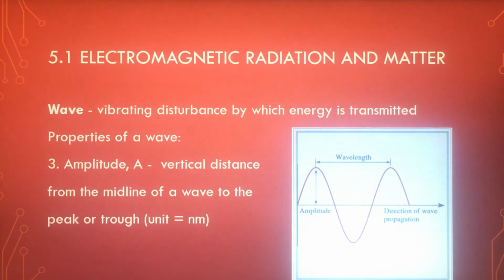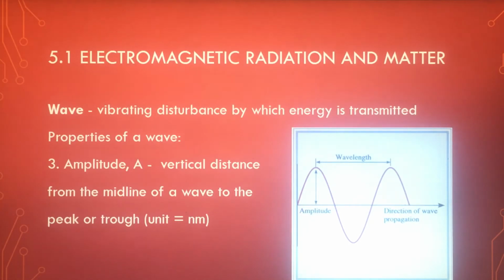If we square this amplitude, it is directly proportional to the intensity of the wave. For example, with a light wave, the intensity of the light is directly proportional to the square of its amplitude. Or we can also have the waves in an earthquake, or the waves in the ocean.